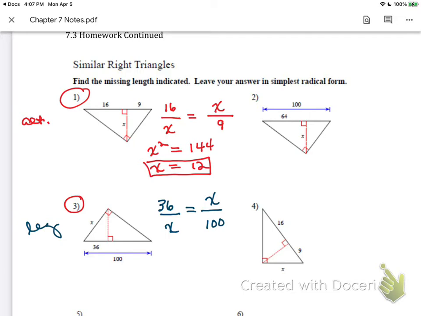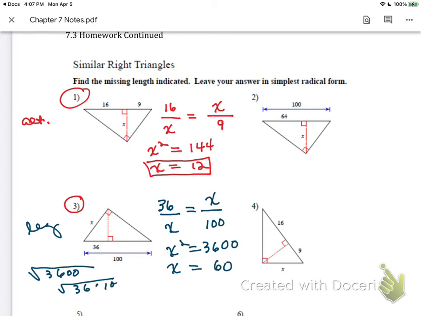So do your cross products. X squared equals 3600. So x is going to be 60 because radical 3600 is going to be 36 times 100. That's 6 times 6 and 10 times 10. So you bring out each of those pairs as singles, and that's how I'm getting 6 times 10 or 60.